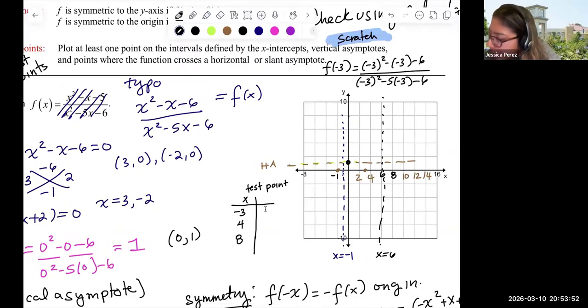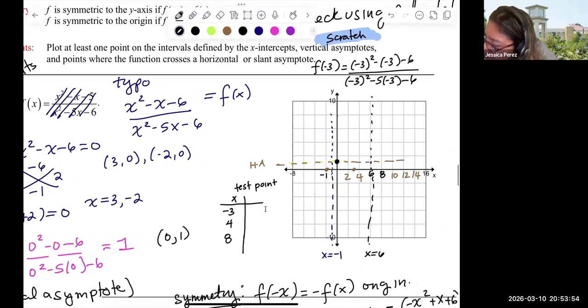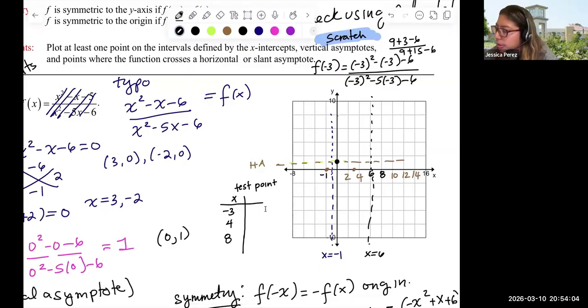So if I work it out, I get 9 plus 3 minus 6 over 9 plus 15 minus 6. So I get 6 over, I have a 9 plus 15.